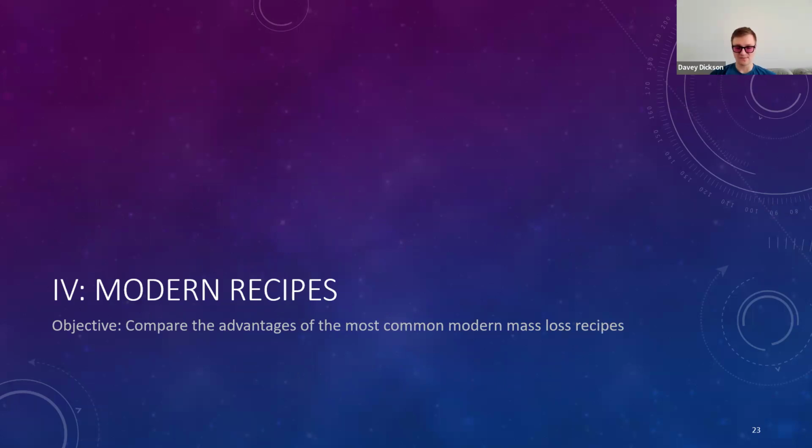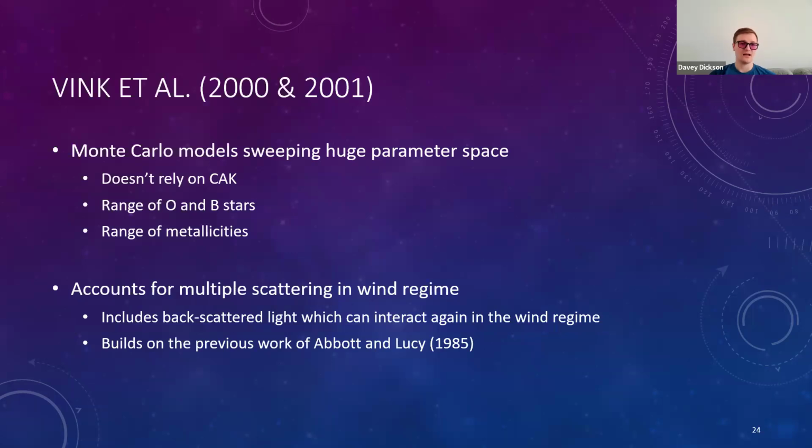Moving into recipes that are still in use today, I want to start with Vink et al. from the turn of the century here, which was not a CAK method. It still follows the Sobolev approximation, but it followed a Monte Carlo method instead of CAK.